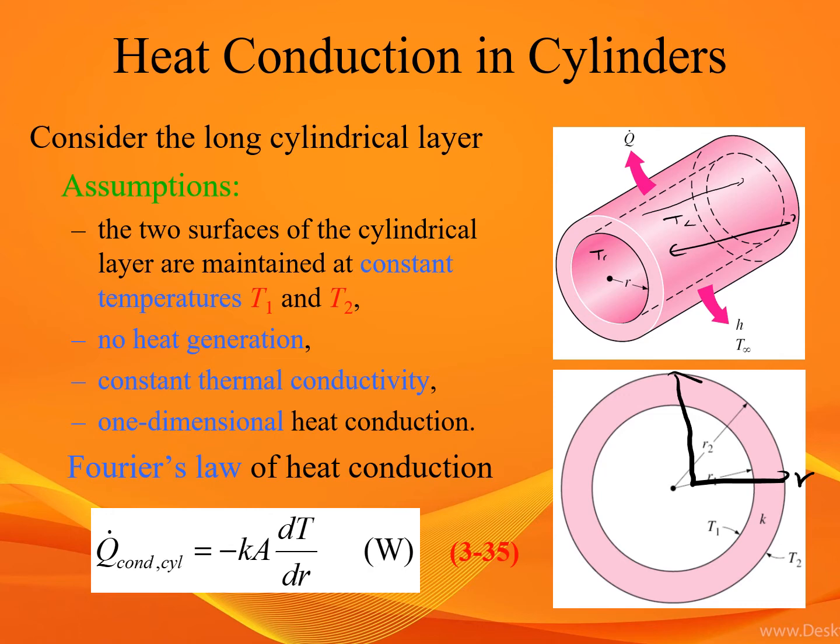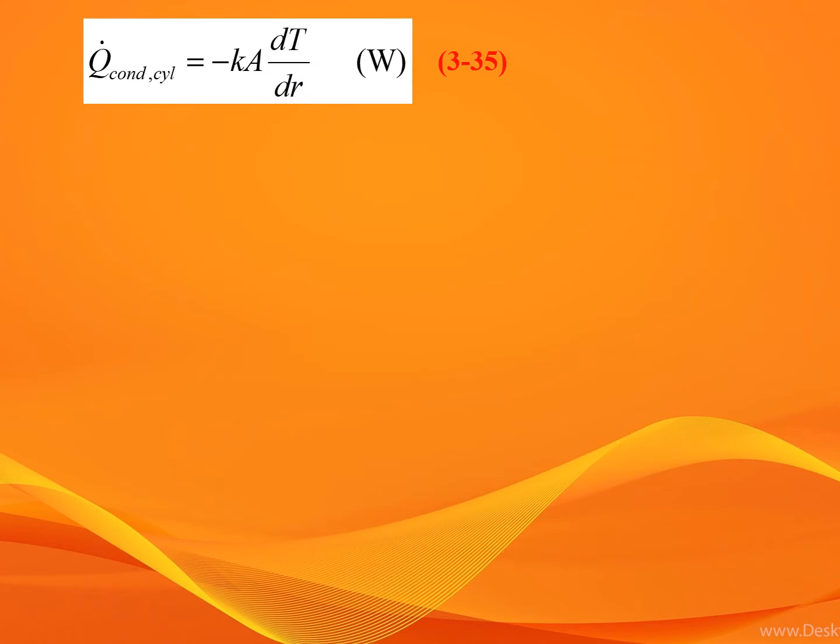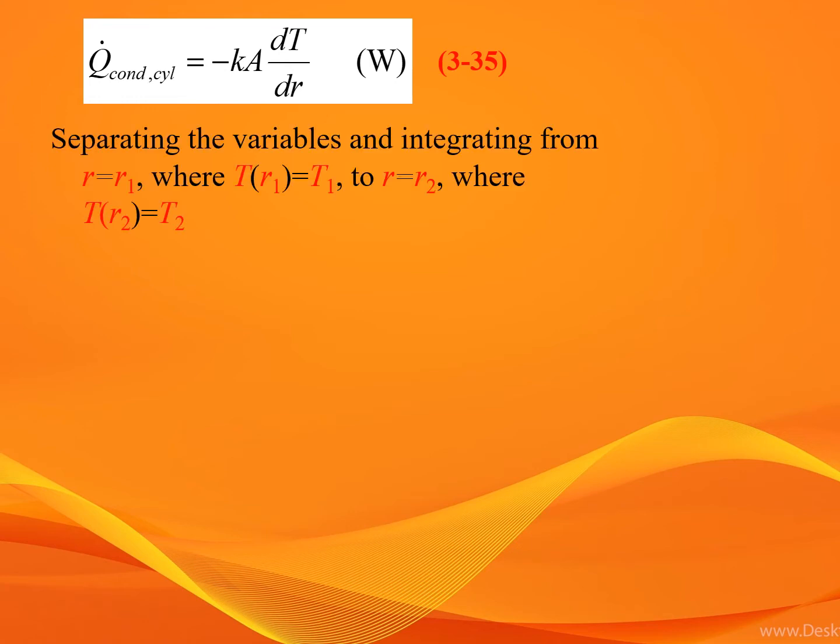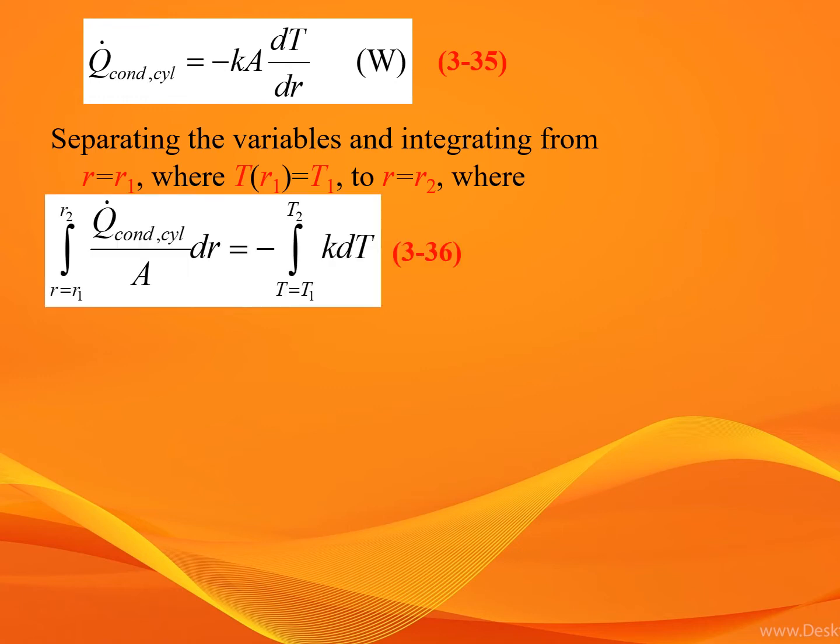So we need to use this 3.35 equation for the Fourier's. Okay, from the Q conduction for cylindrical, from the Fourier's law here, we have to separate the variables and integrate for R from R1 to R2, for T from T1 to T2. So the equation would be like this.